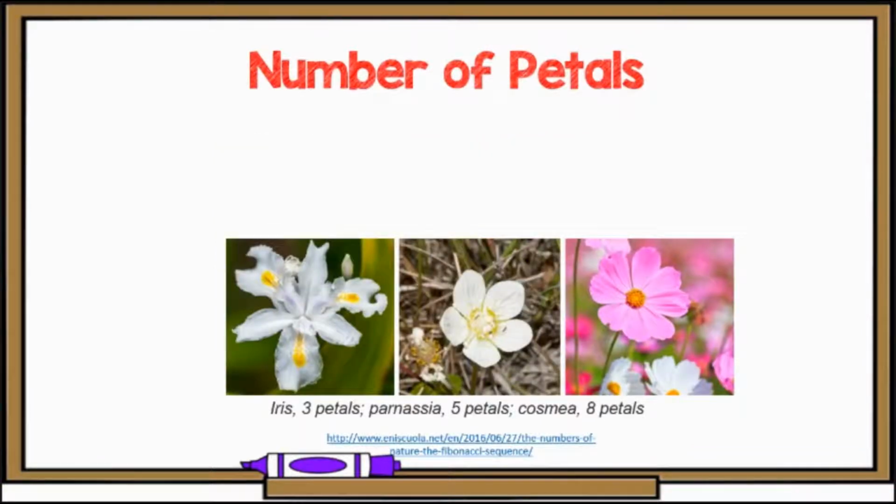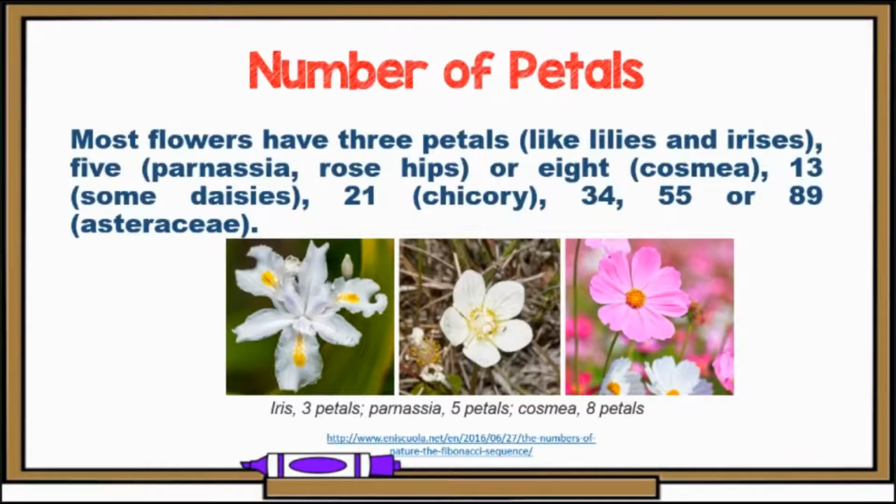And of course, the number of petals of flowers. Most flowers have 3 petals, like lilies and irises, 5 for parnassia and rose hips, or 8 like cosmea. Some are 13 like daisies, 21 like chicories, 34, 55, or 89.